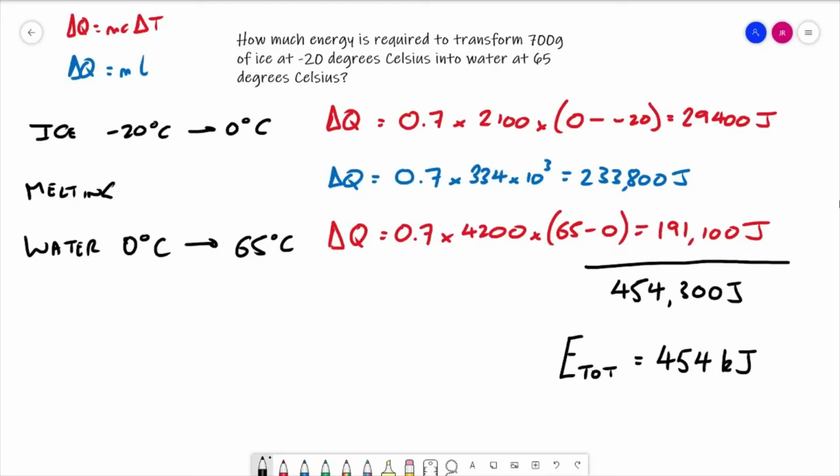So again, that just shows you that it is a significant amount. Most of it there is the change of state. Far more energy again goes into the change of state than it does into the heating process.